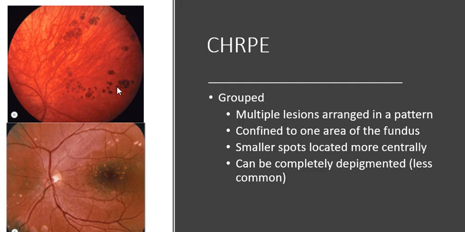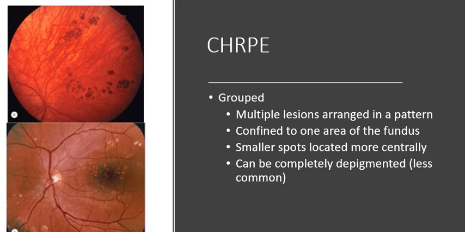So it looks like a little bear has walked across the retina. If the bear tracks or the CHRPEs are depigmented, as it is in this image below, then we call this polar bear tracks because they're white, as opposed to ordinary bear tracks, which are the dark pigmented lesions.